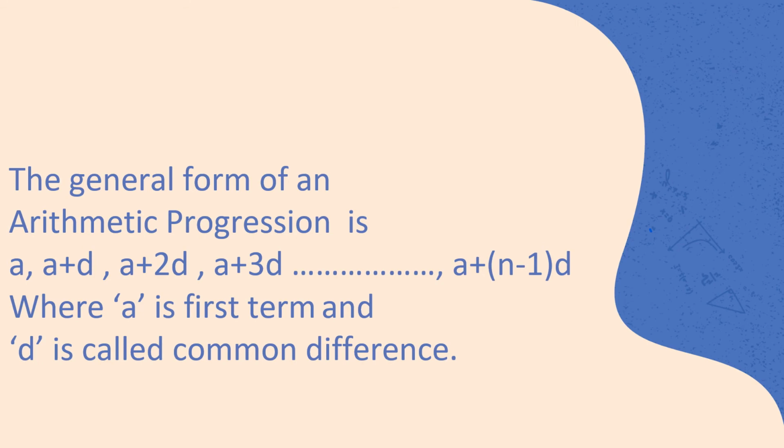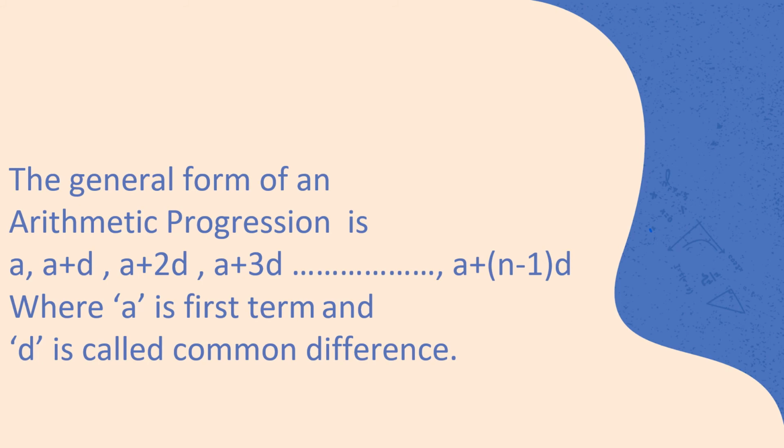So this is basically the general form of an arithmetic progression, and we have A plus D, A plus 2D, and we come to A plus (n minus 1)D. The nth term is basically the term whose value we are searching for, where A is the first term, D is the common difference, and n is the position of the term that we are searching for. For example, in 1, 3, 5, 7, we have 4 terms.